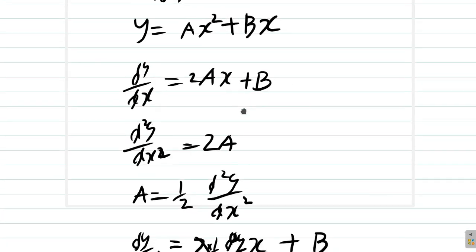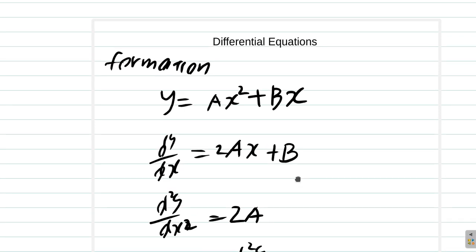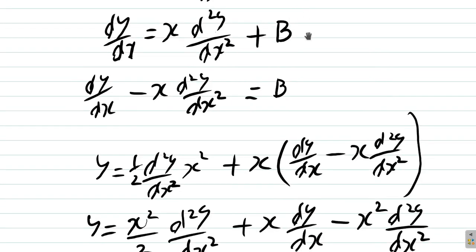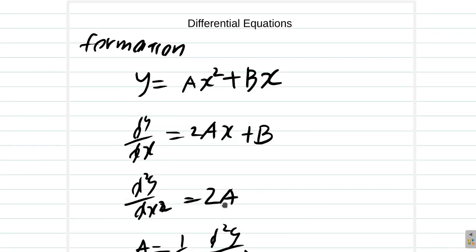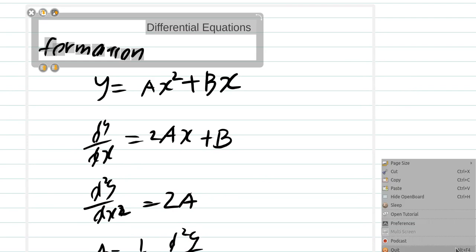Well, you'll find generally that if you're asked to form differential equations from polynomial equations, the polynomials with one arbitrary constant will give a first order differential equation. Those with two arbitrary constants would give second order. And if we were looking at third order differential equations, they would come from those with three arbitrary constants, and so on and so forth. Alright? Now, let's just erase the board and we do a few more.